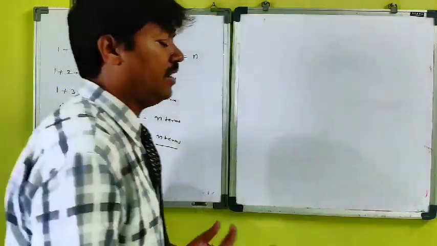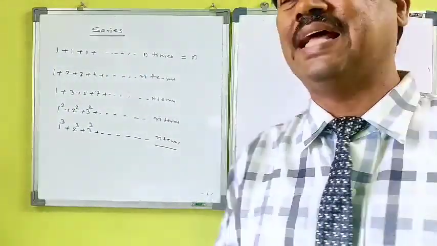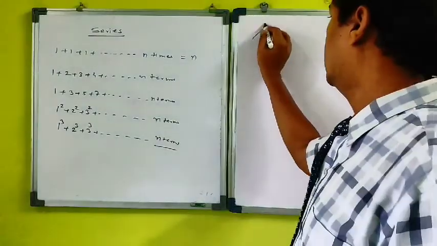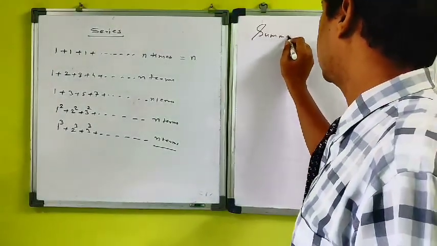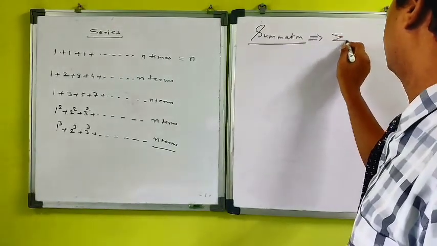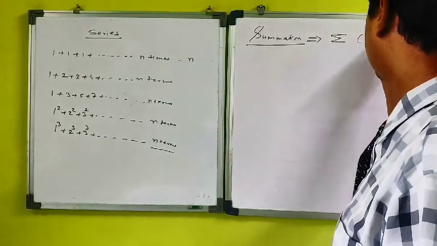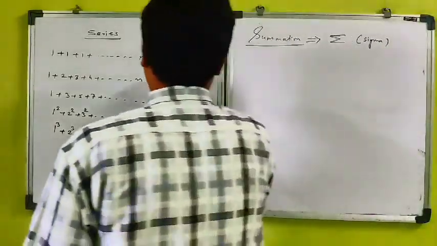All these summations we can write in one specific form, called summation. We use the notation given by this sign, which is called sigma.